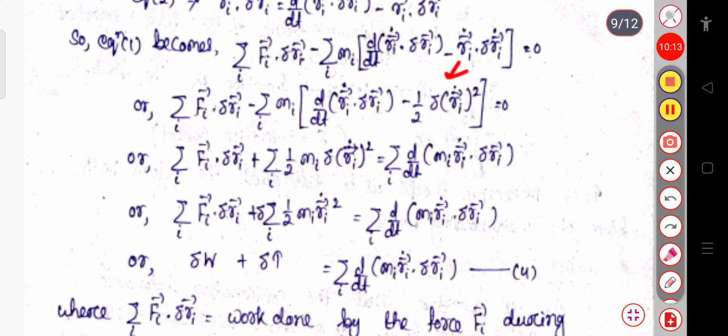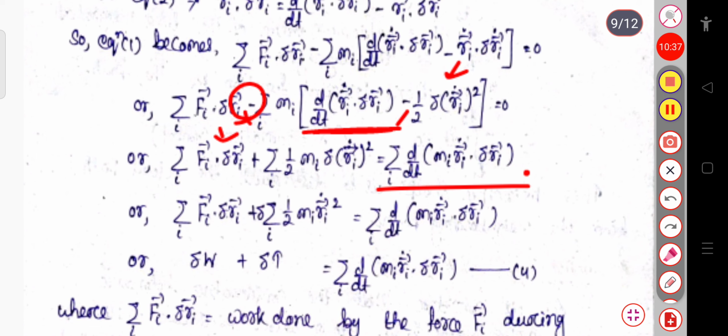Again, this is F_i · δr_i, and this minus term gets plus, 1/2 m_i δ of r_i dot squared, since you can see this term is negative. If I take it to the right-hand side, this will be d/dt of m_i r_i dot · δr_i.